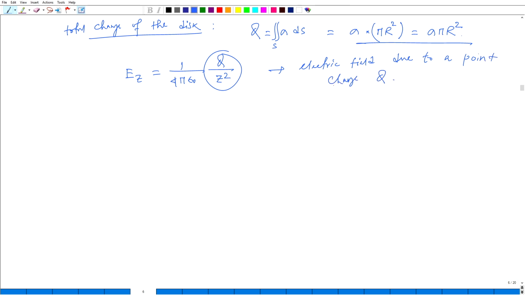When we are looking at a point far away from the disc, the disc becomes a point charge. Means all the charges are concentrated at a point with the total charge q, and that is the idealization of a point charge that we discussed in the previous class.